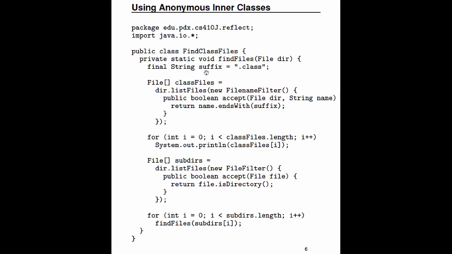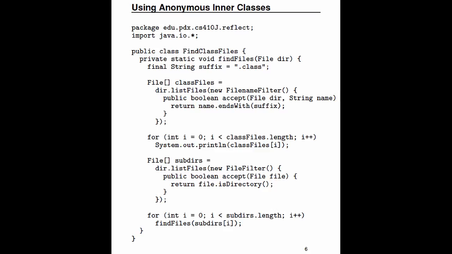Now, I won't go into all of the details here, but if you decompile, so if you go out and find the class file for FindClassFiles$1, which is the class file for this anonymous inner class, and look at the constructor of that object, you'll find that the anonymous inner class, this implementation of FileNameFilter, actually has the suffix passed in to its constructor.